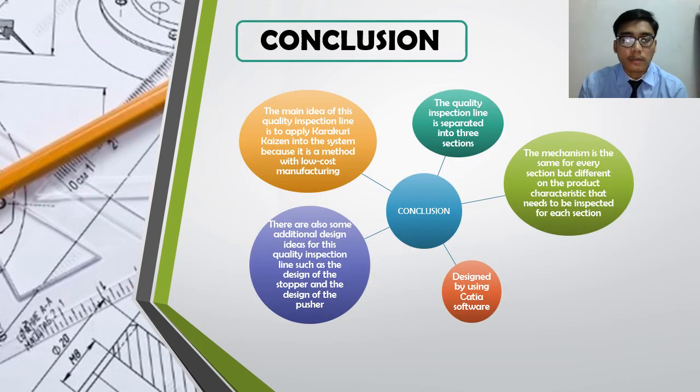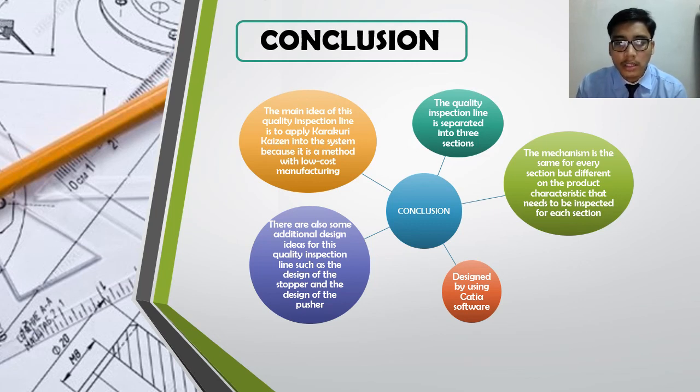Now we go to the final part of this project report. As a conclusion, I can see that all the objectives are achieved. This is because from the result and discussion, we can see the quality inspection line is successfully separated into three sections. The mechanism was also successfully designed because it's the same for every section but different in the product characteristic.